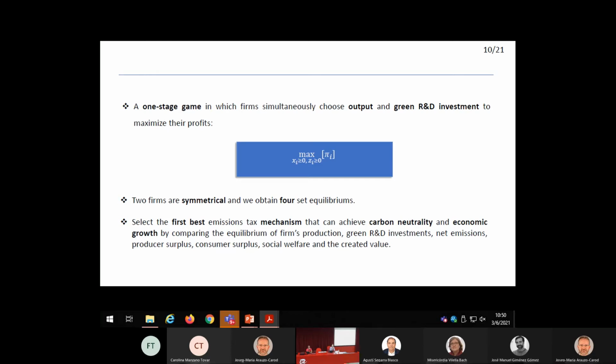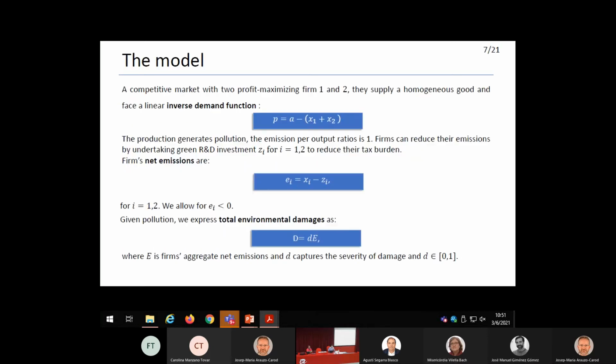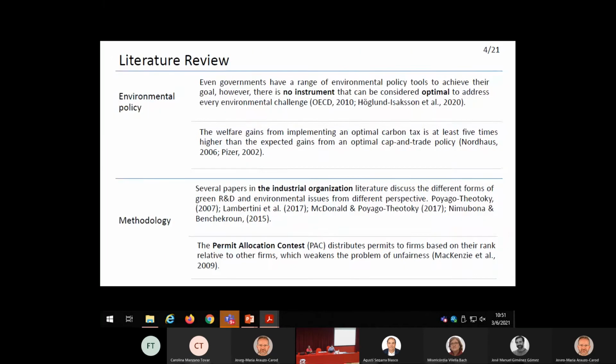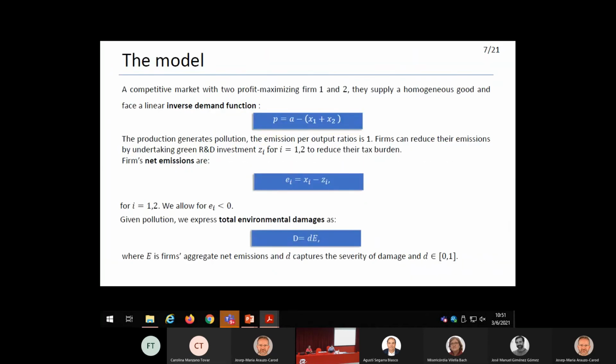There is another question by Juan Antonio. Okay, thank you for the presentation and this interesting paper, and also to your supervisors. Only one small point. In the model, you use this D parameter, which is the environmental damage, which can be different depending on the firm.